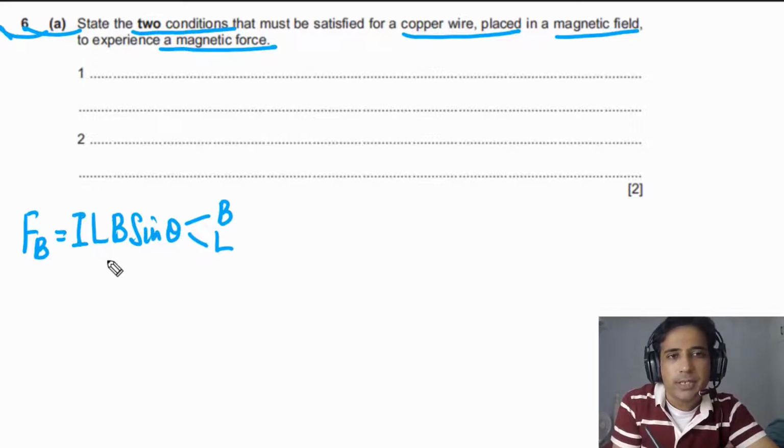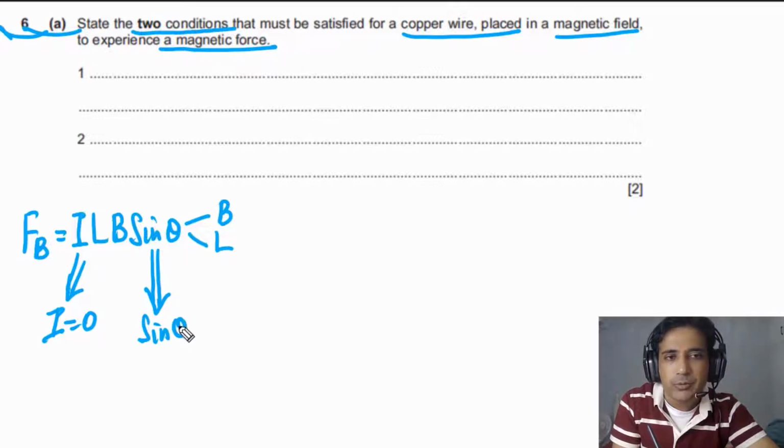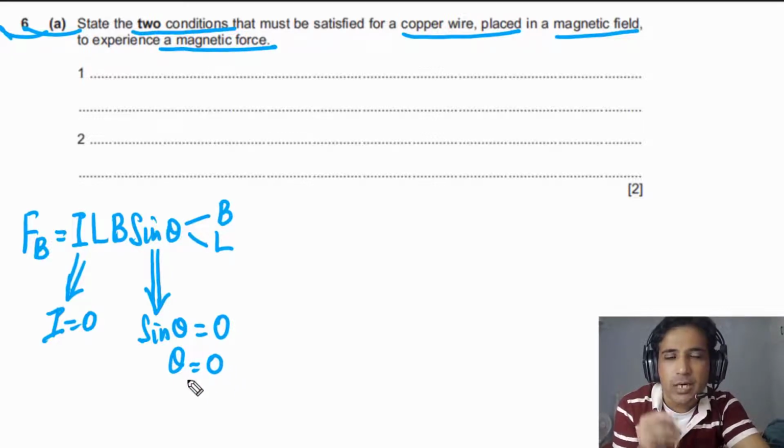Now we need to understand that if I is equal to 0, there will be no force on the wire. And if sine of theta is equal to 0, then also there will be no force on the wire. If sine of theta is equal to 0, it simply means that theta is equal to 0. So if theta is 0 or current is 0, there will be no magnetic force on the wire.